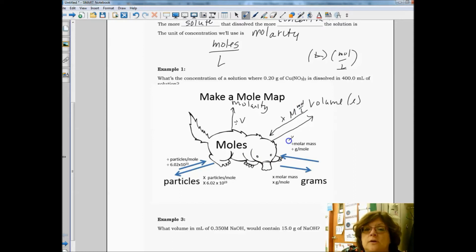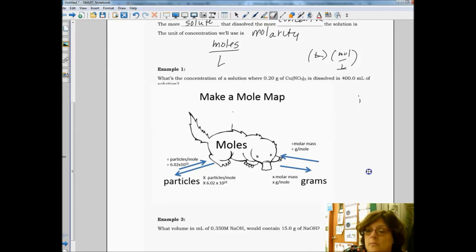By the same token, if you have moles and you divide by molarity, we put moles on the bottom, liters on top, moles will cancel and we'll get a volume. So add that in to your mole map.